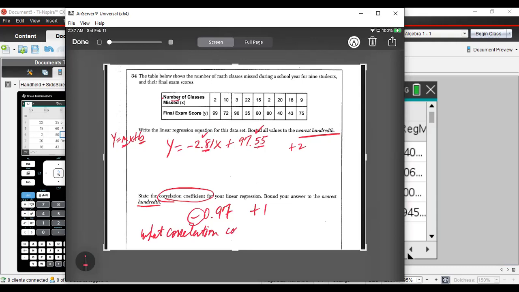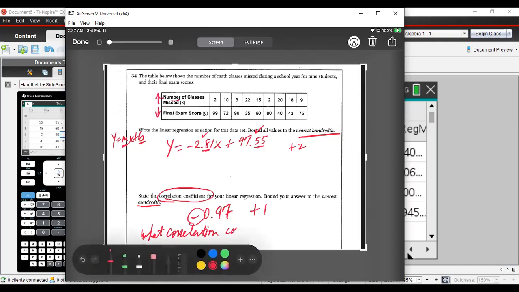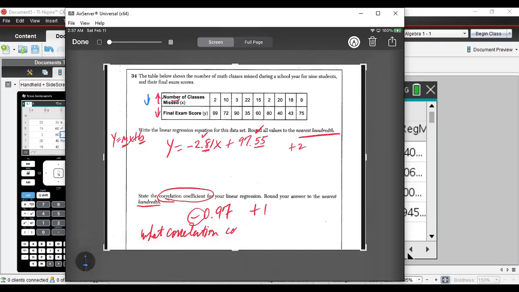When the number of classes missed goes up, the final exam score goes down, and vice versa. When the number of classes missed goes down, the score goes up. They go in opposite directions. And it should make sense to you. The more classes that you miss, the worse you're going to do on the final exam. And that's what I've been trying to tell you guys.